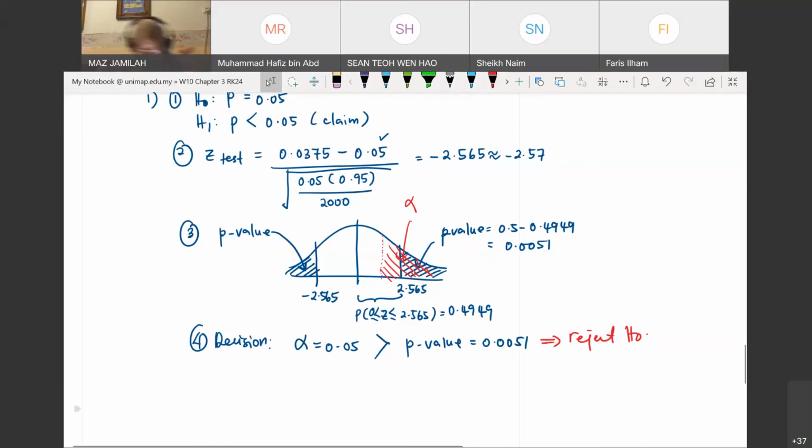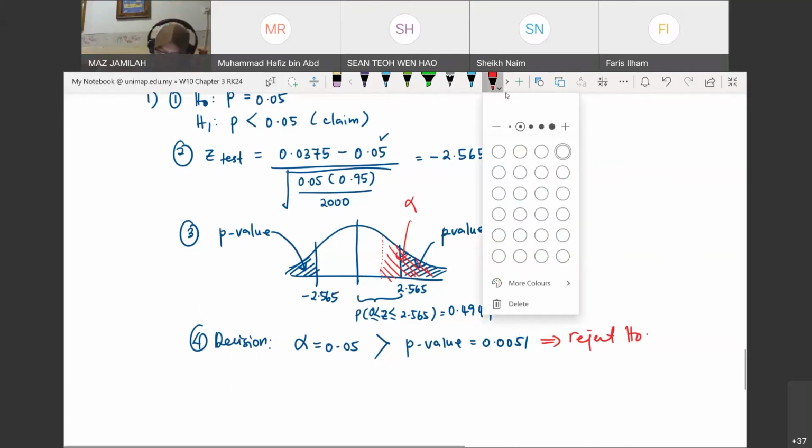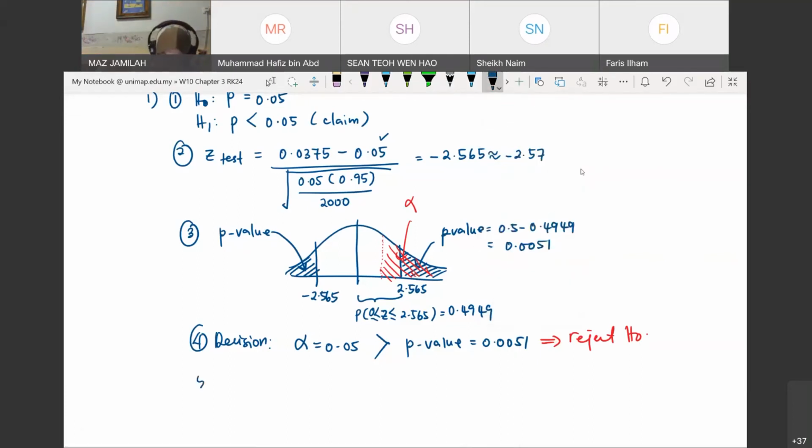Reject the null, so we can make conclusions.